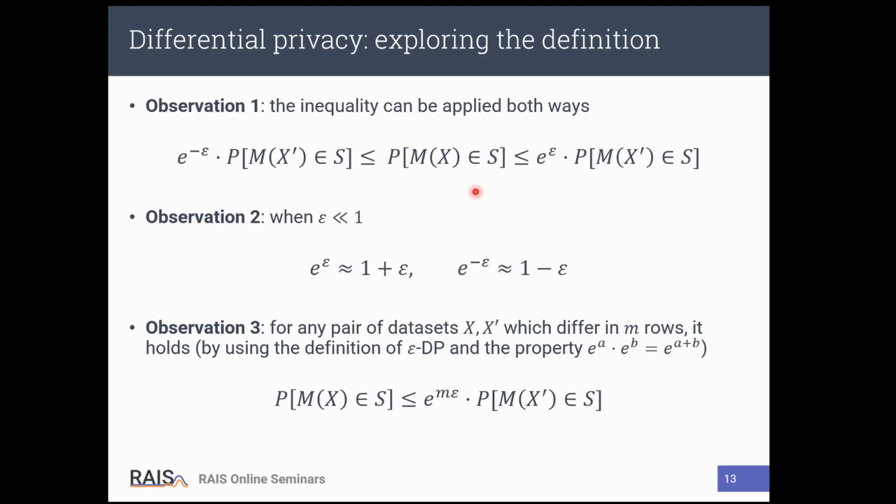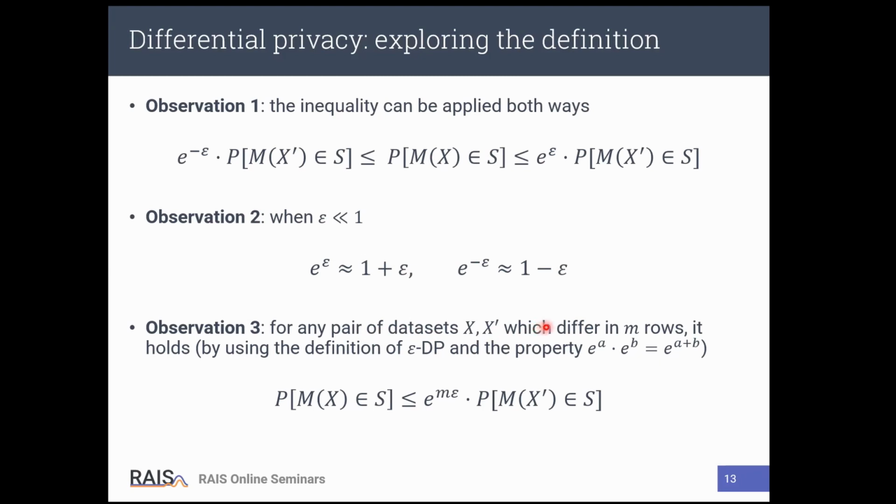So it's not asymmetric, but it binds the probability both ways. And also when epsilon is very small, this weird value e to the epsilon actually becomes close to 1 plus epsilon and 1 minus epsilon, which seem more reasonable, more intuitive values.